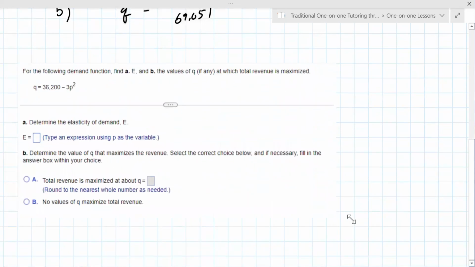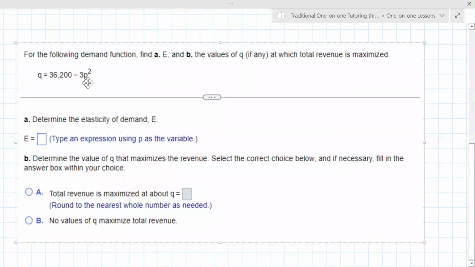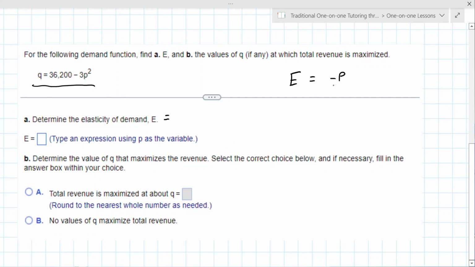The following demand function is given, and you have to determine all of these things. So the demand function is given here, and you want to determine elasticity of demand. Elasticity of demand is minus P over Q times dQ/dP. I would like to verify that. That's a straightforward one here. They want a formula for it, but we'll get to that in a moment.